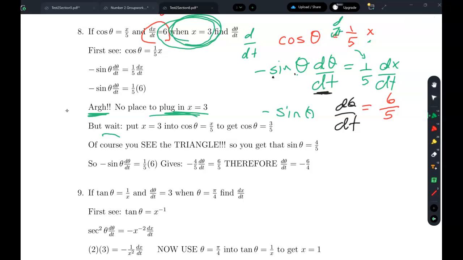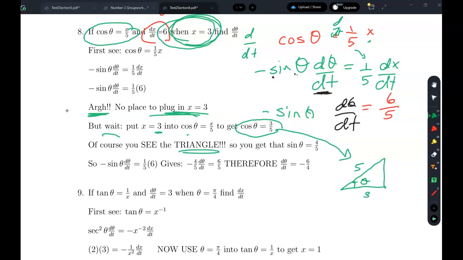But wait, can we put x is 3 back into the original equation? If I put it into the original equation, I get this. And of course you're thinking the triangle, right? So it's adjacent over hypotenuse. Since I know cosine is adjacent over hypotenuse, can I find the side?